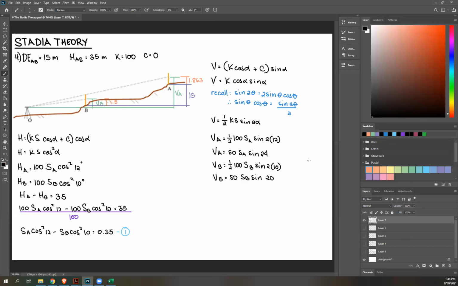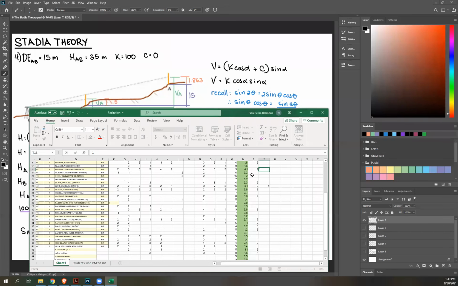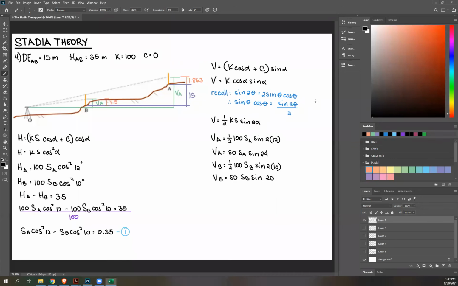Oh, from this drawing, can anybody give me an equation relating VA and VB? Correct, John. Who else? Anyone else? No, the exact equation.